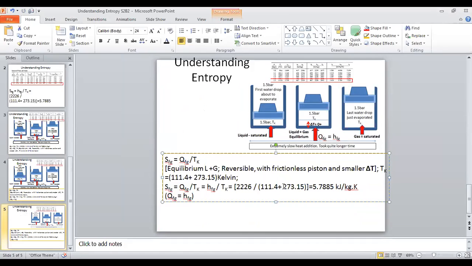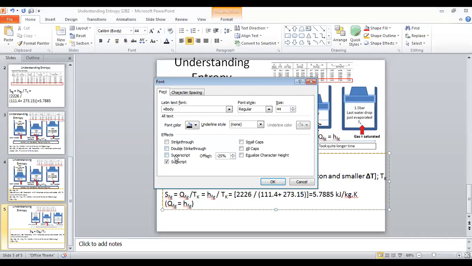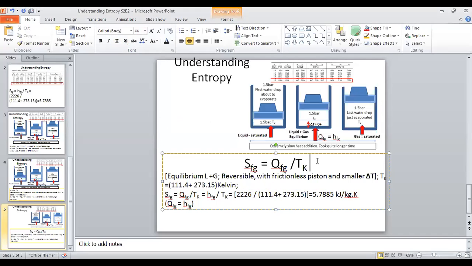So here, SFG is QFG by TK. And we have to add another wording here: equilibrium or reversible.